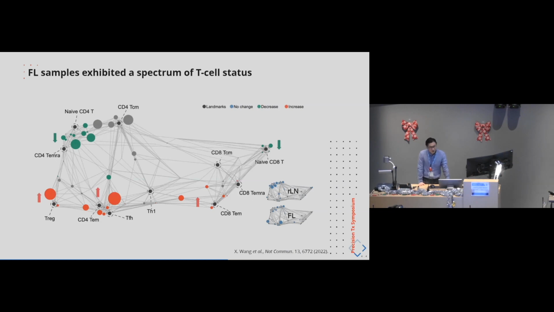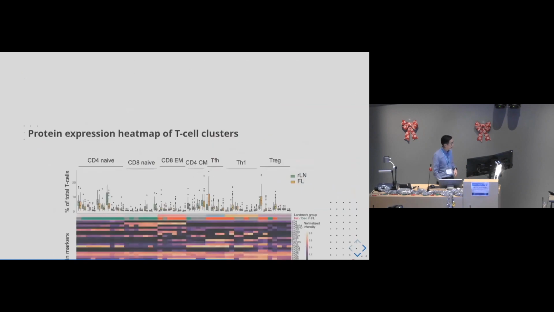Compared to reactive lymph node, the increase of T cells in FL is actually more than one subset. There's a change in Treg, CD4, TFH, and CD8 effector memory cells. So it's really a spectrum of T cell status changes in this FL disease setting.